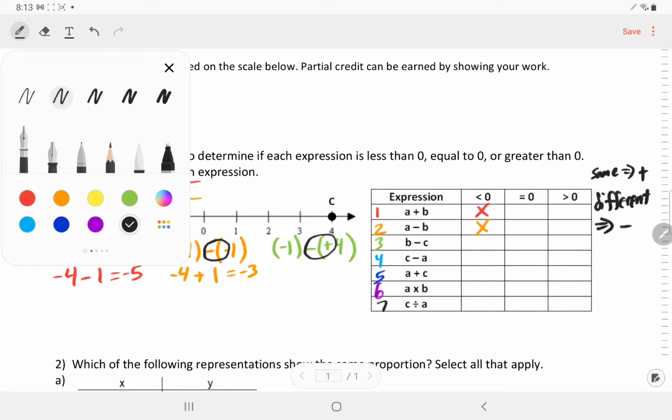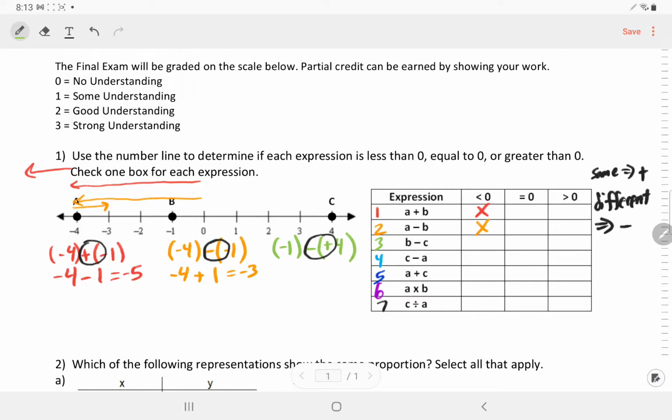Therefore, we have a subtraction problem. Negative 1 minus 4. So negative 1 means we go back 1 and subtract 4 more. So 1, 2, 3, 4. And then we'll get negative 5. And negative 5 is also less than 0.